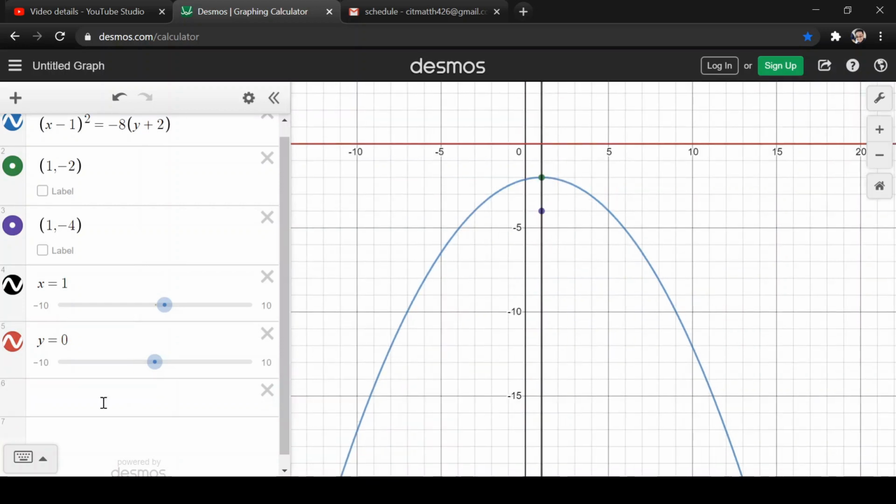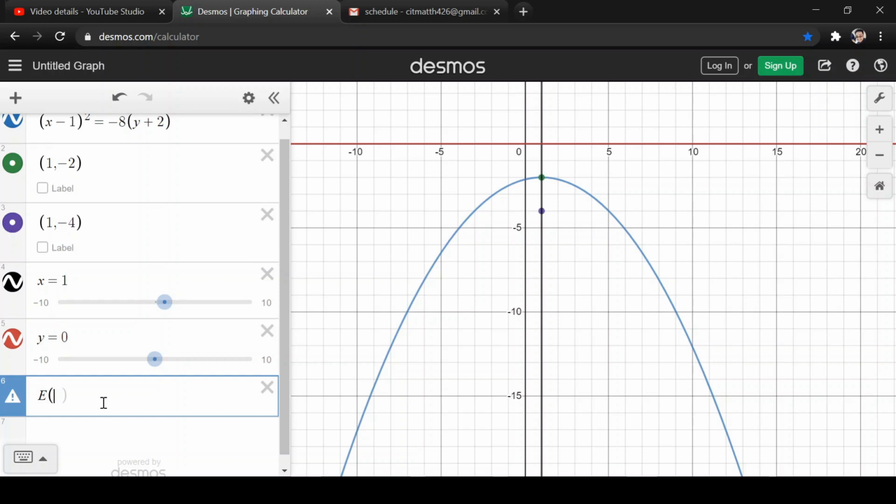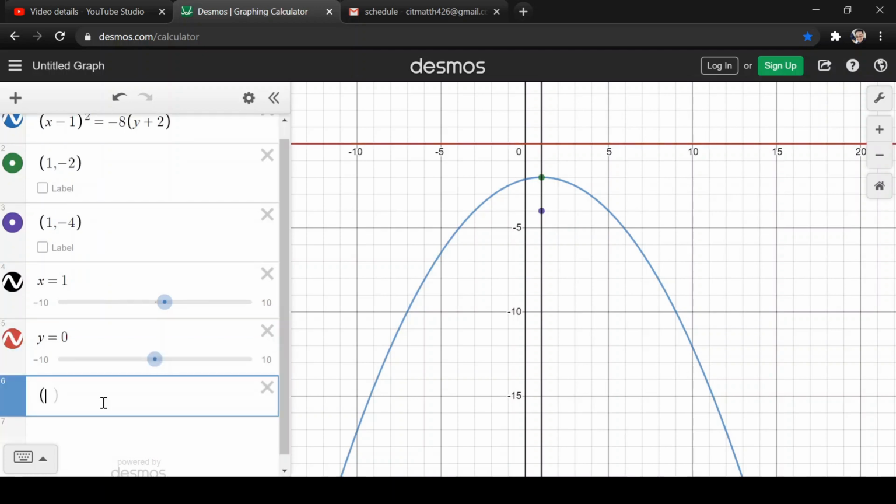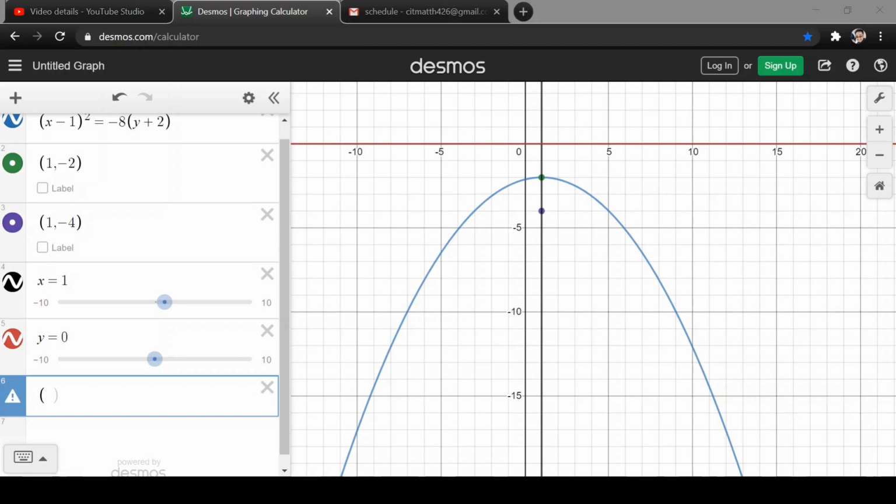Then our endpoints. What are the endpoints again? (5, negative 4) and (negative 3, negative 4).